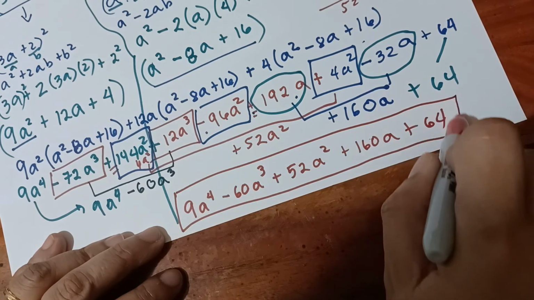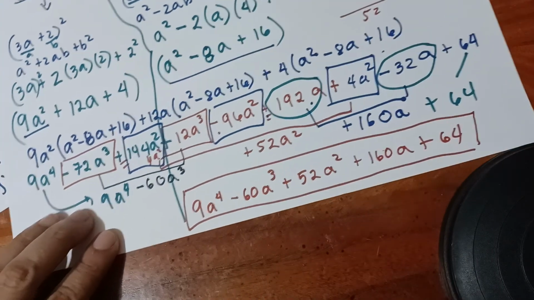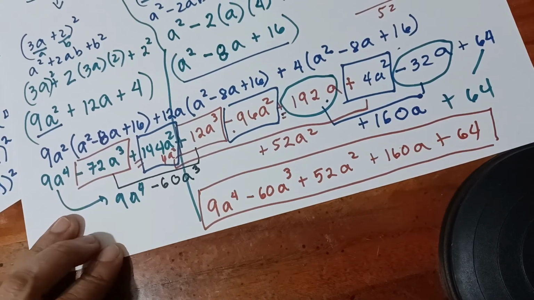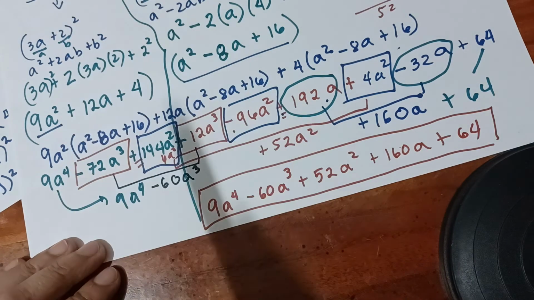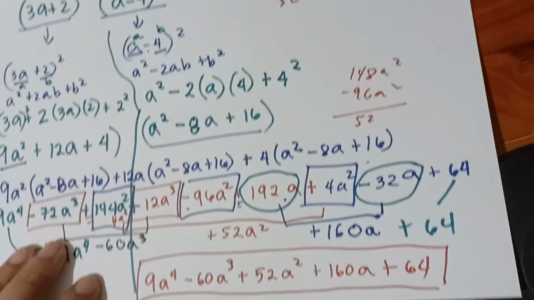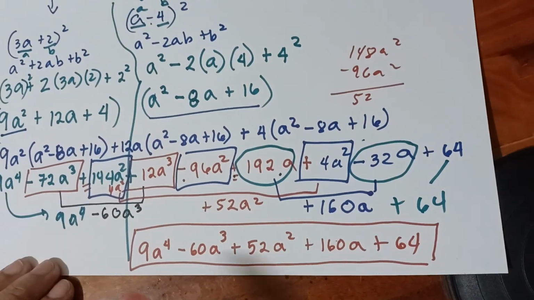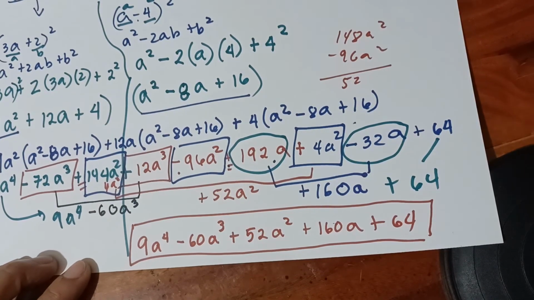So, as you can see, since nagmultiply tayo ng dalawang binomial, binomial times a binomial, okay, na square binomial. Okay, so, when we multiply a square binomial, you expect that the answer will be of the fourth degree.